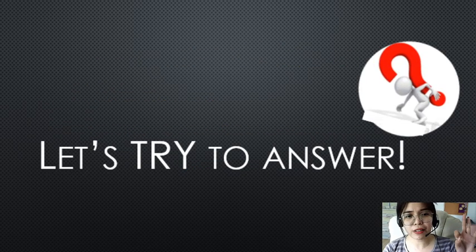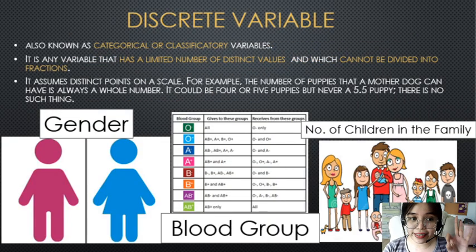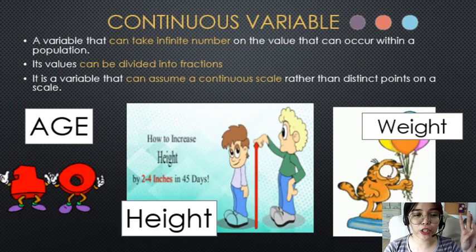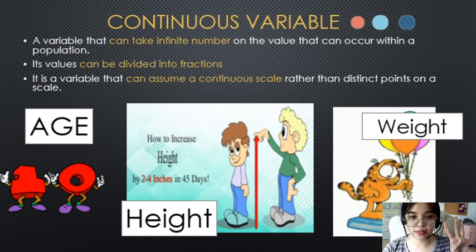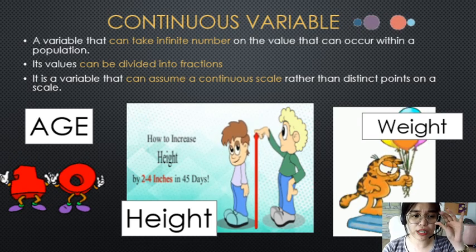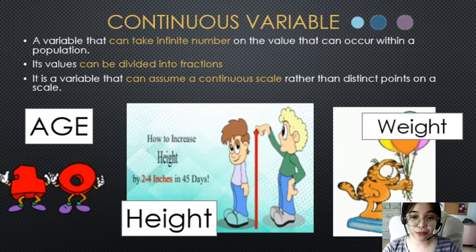And when we say discrete, it is category. Okay, category naman kapag kay discrete. Hindi siya pwedeng i-divide into fraction kasi nga category siya. And kapag naman continuous, ang keyword natin, measurement. Okay, therefore, kung measurement numbers, you can divide it into fractions.